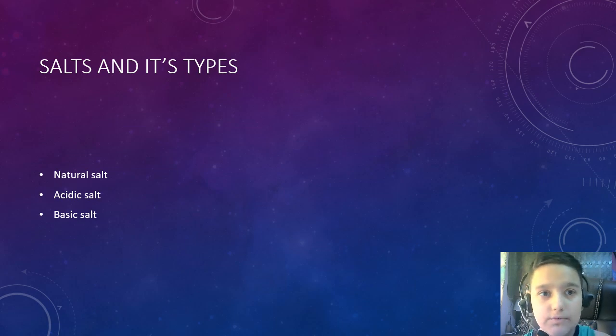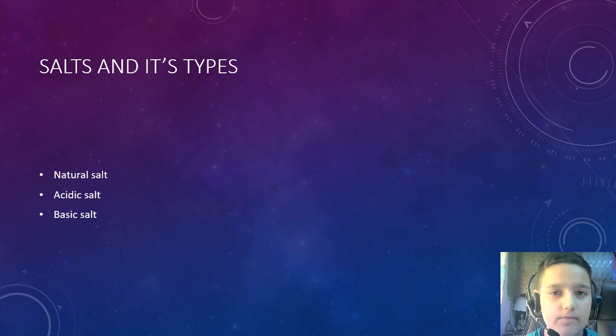So the salts which are produced from an acidic solution are known as acidic salts. An example of an acidic salt is ammonium chloride, and there are also many others. And now if I talk about the basic ones, the basic salts which are produced from a basic solution are known as basic salts. So this is about the basic salt.